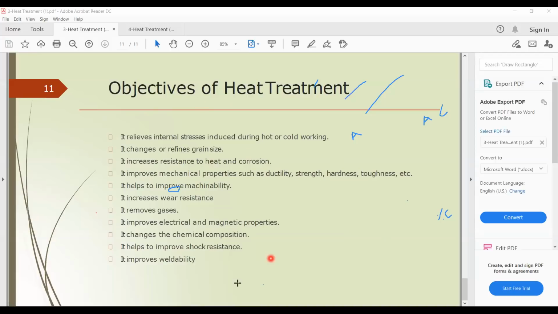These are the important things. There will be questions, right? These are the objectives of the heat treatment process. So do you have any questions up to now on what we have discussed here? If not, we can move to the heat treatment process, the methods, the way of heat treatment.